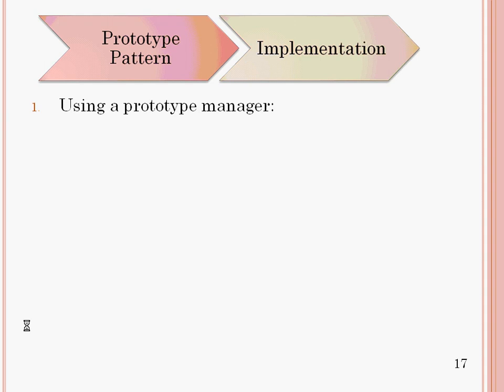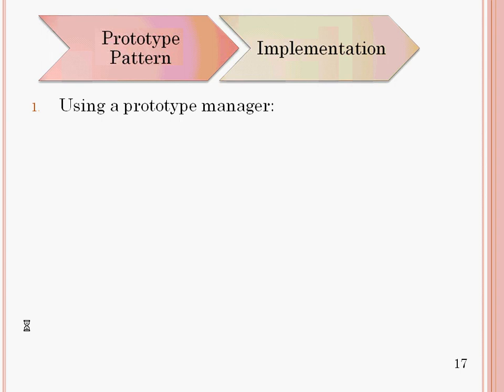So implementation, as we already discussed, has multiple ways. One is you can have standard prototypes and ensure that when you create a creator, it always has a prototype pointing to the target prototype. Or an application can have a prototype manager itself, to which all the prototypes register.